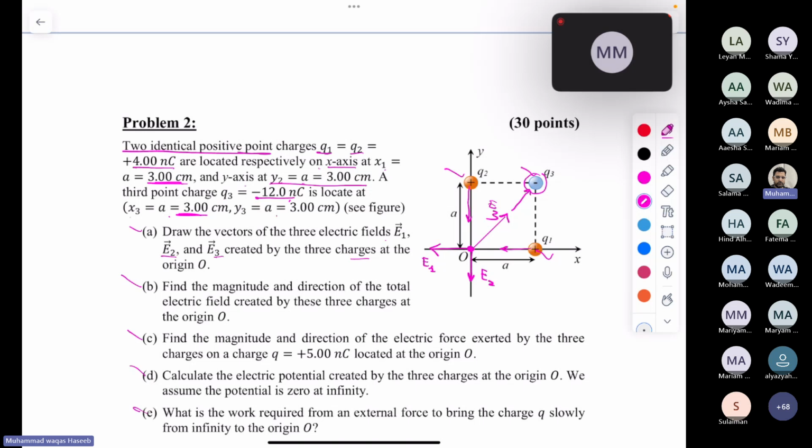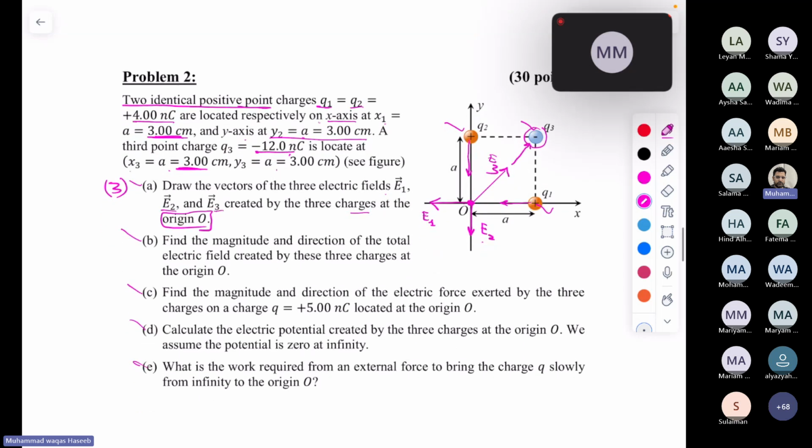So this is E3 at this point O. So this is E1, this is E2, and this is E3. In your exam, if you do this question, you get 3 points.